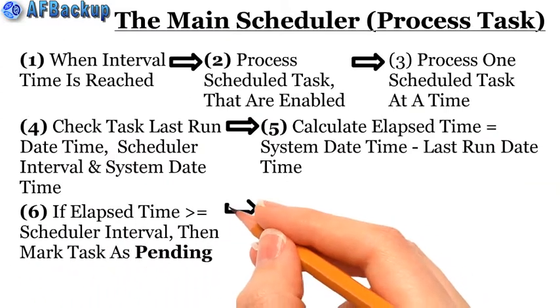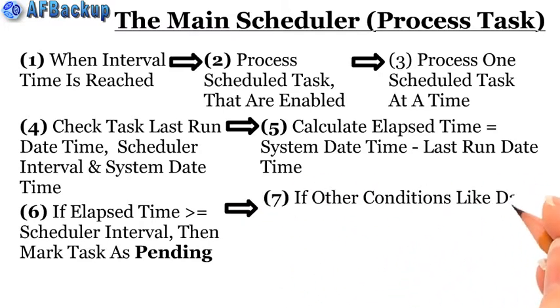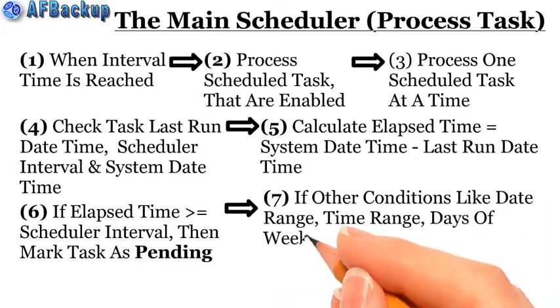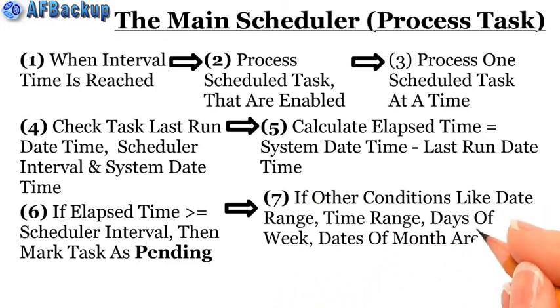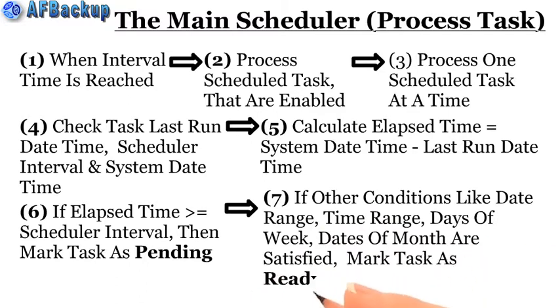Next, other scheduler conditions are checked: date range, time range, days of week, dates of month, if they are specified. If all the specified conditions are satisfied, then the task is marked as ready for execution.